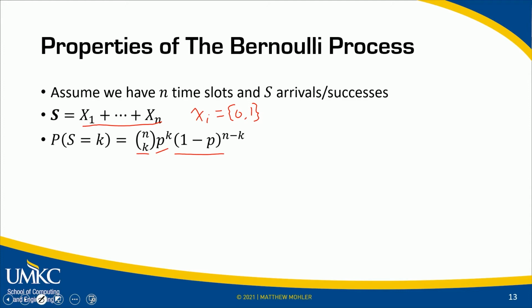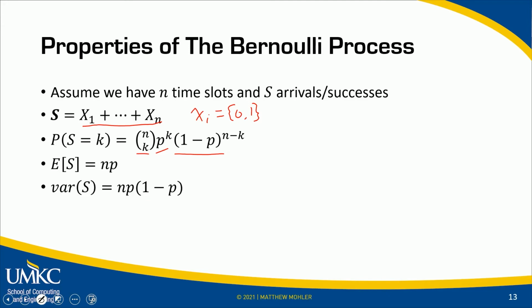The next question we might ask is, what's the expected value of S? We can say that the expected value of S is really just np, n times p. We get this from looking at the definition of the Bernoulli random variable, where the expected value of any such random variable is just p. Therefore, when we have n time slots, we just multiply the expected value of each individual random variable by n in order to get our expected value.